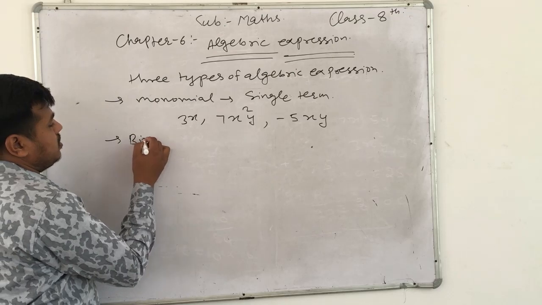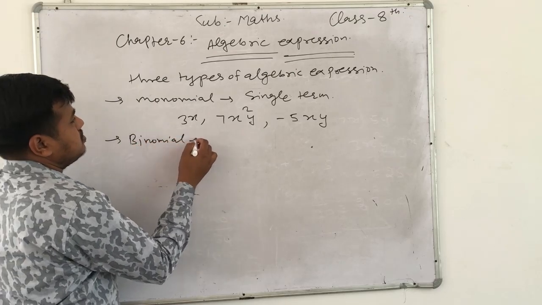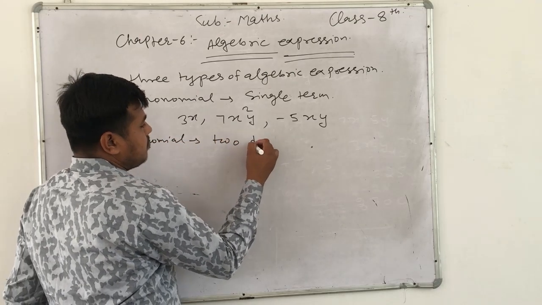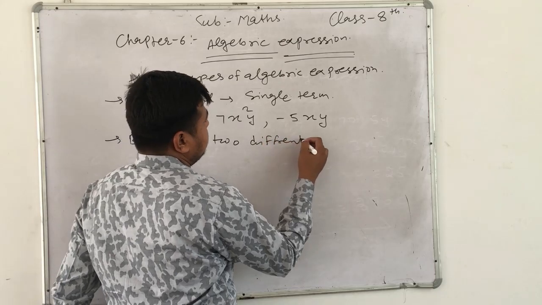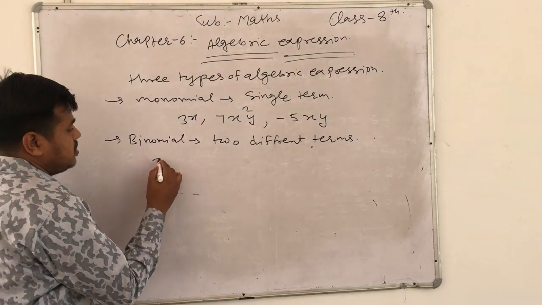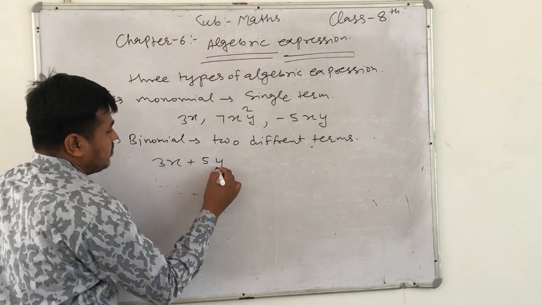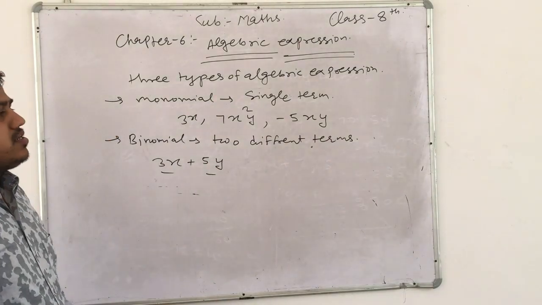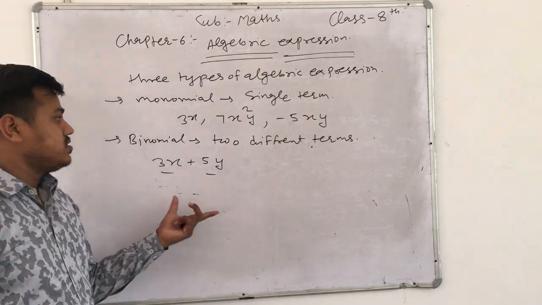Second one, binomial. Binomial means two different terms, like 3x plus 5. These are two unlike terms, we can say different terms.